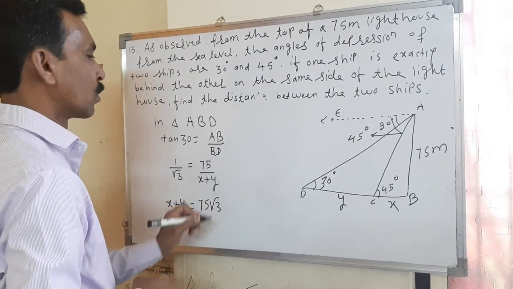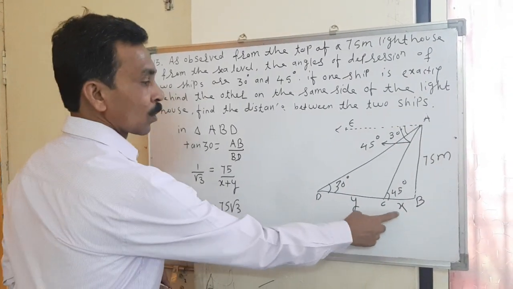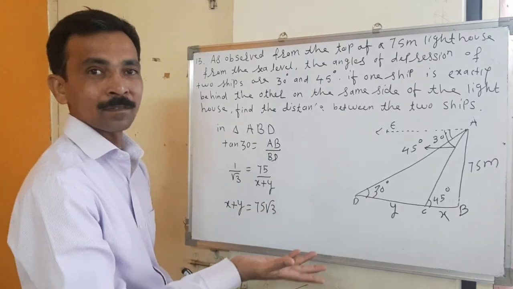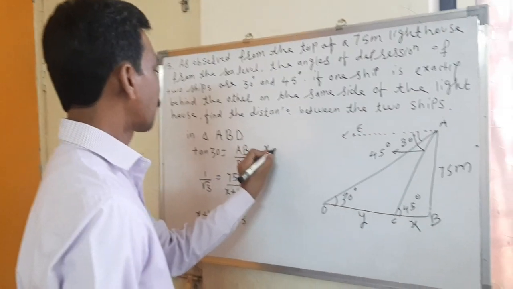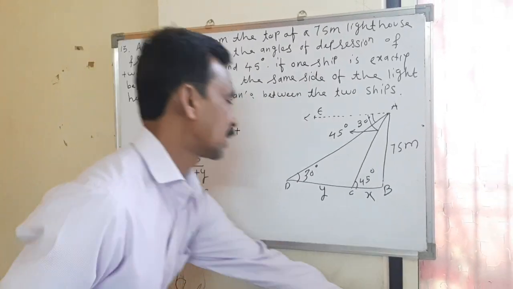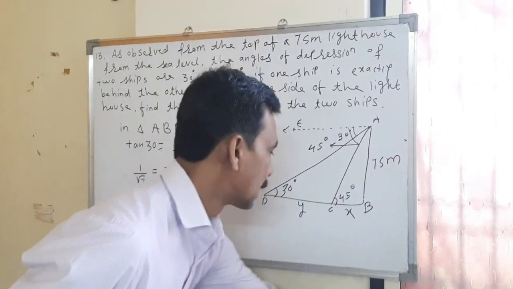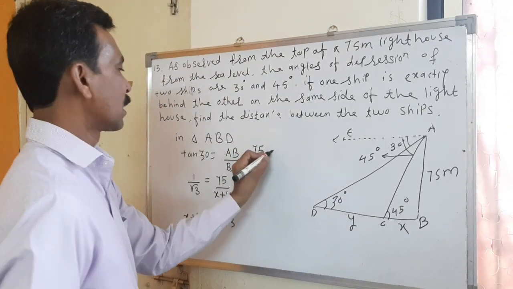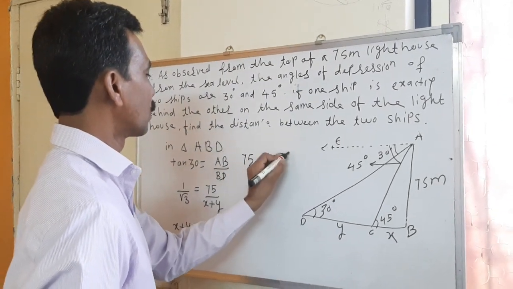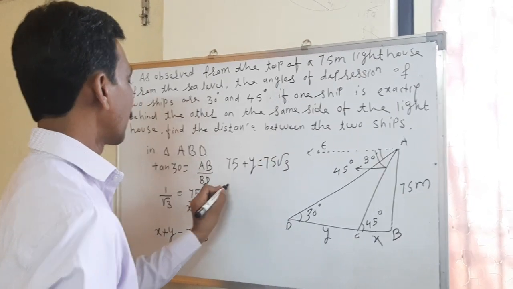But what was the value of X which you have seen? Which was equation number 1. X is 75. 75 plus Y is equal to 75 root 3.